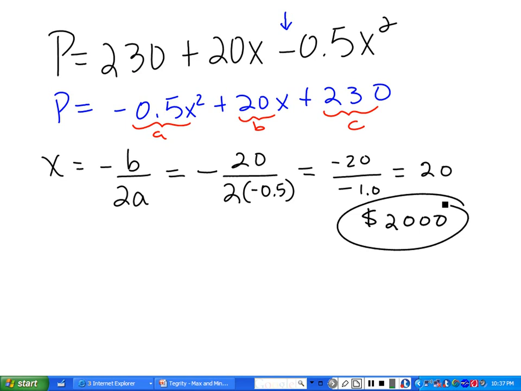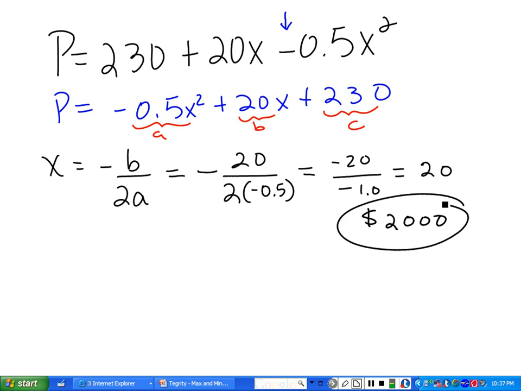So they will spend $2,000 in advertising to get the maximum profit. They did not ask for the maximum profit, but I want to go one extra step to figure out how much money they will receive as a result of investing $2,000.